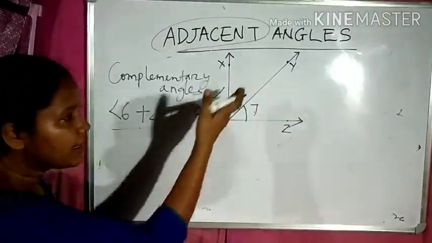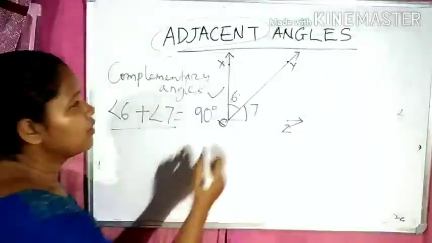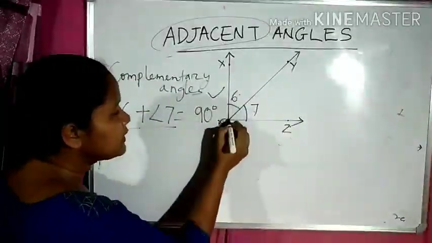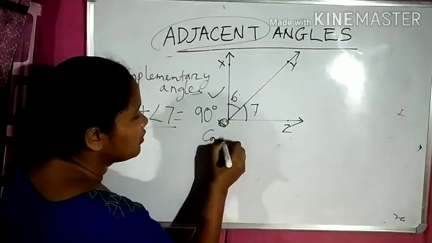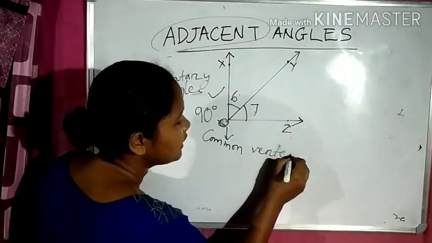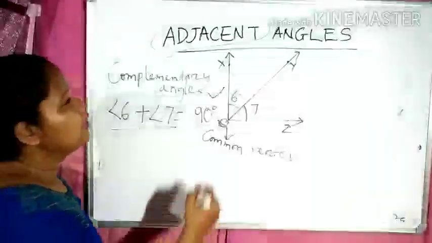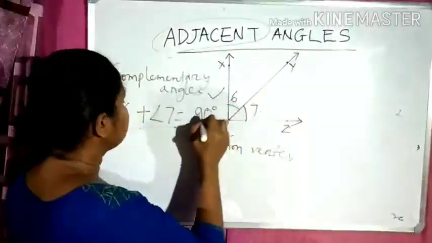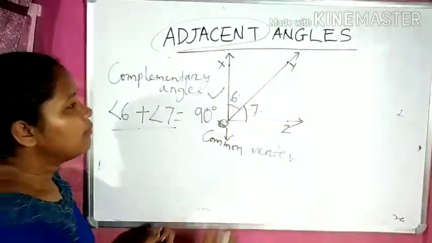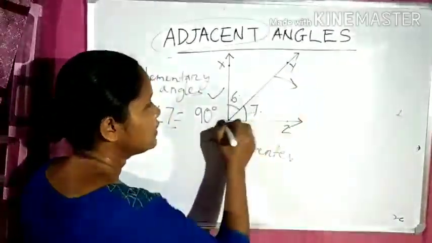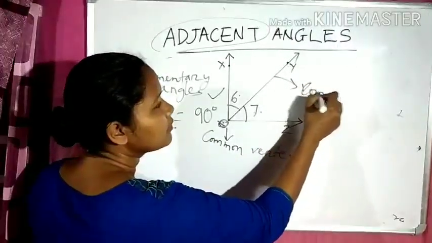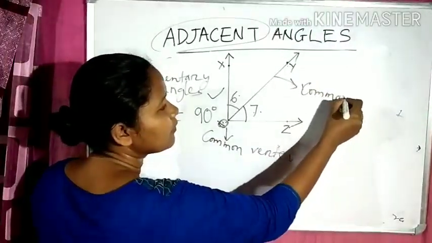So let's see, are they adjacent angles or not? First, do they have a common vertex? Yes, the common vertex is O. Do angle 6 and angle 7 have a common arm? Yes, OY is the common arm.